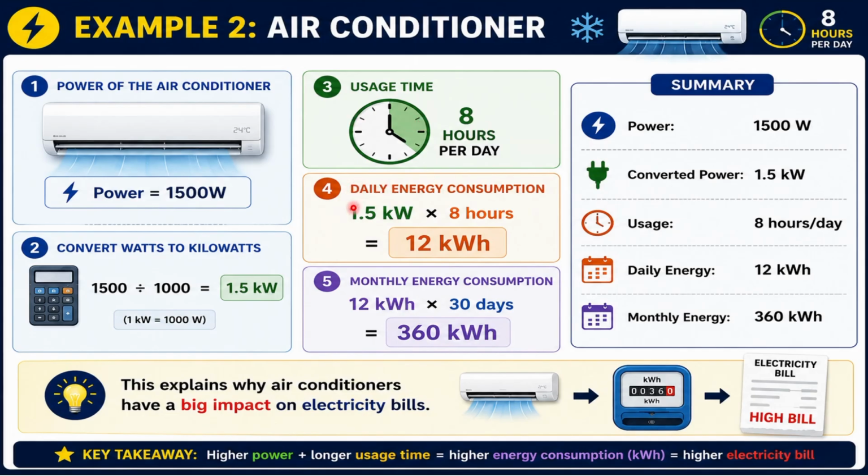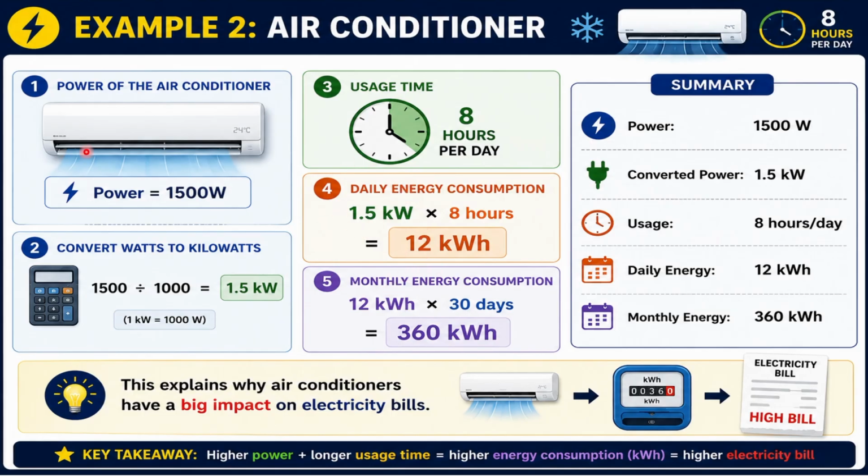The daily energy is the power, 1.5 kilowatts, multiplied by the time the aircon was used, which is 8 hours. Multiplying that, we get 12 kilowatt hour. That is the amount of energy consumed in a day.